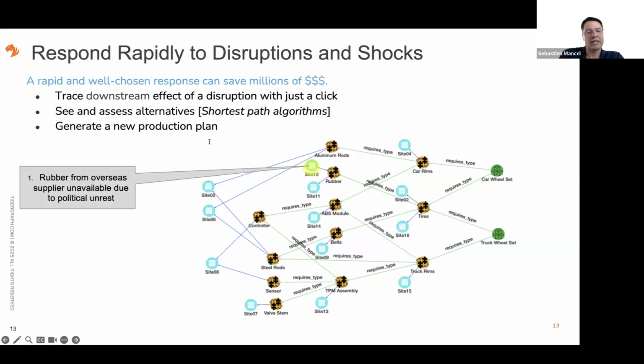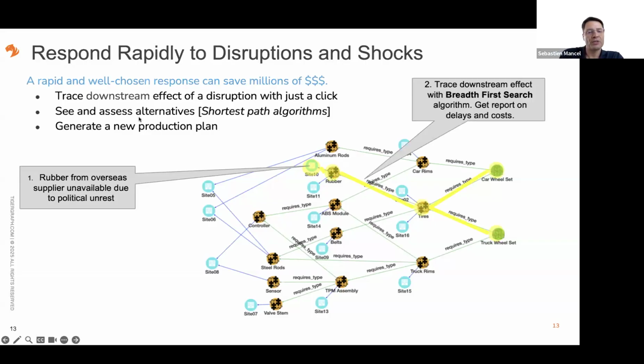One, a key rubber supplier becomes unavailable due to political unrest. So using graph analysis, we immediately run breadth-first search and shortest path algorithms to trace how this shortage will affect downstream parts, like tires, car rims, and final assemblies.